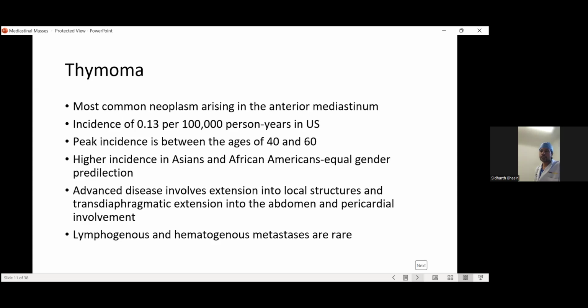Typical age incidence is 40 to 60, Asian, African American, with an equal gender predilection. The advanced disease involves extension into local structures, transdiaphragmatic extension into the abdomen, and pericardial involvement. So watch for that. The lymphogenous and the hematogenous metastases are rare. So the advancement is only locally, and less likely would it be from lymphatic and blood.